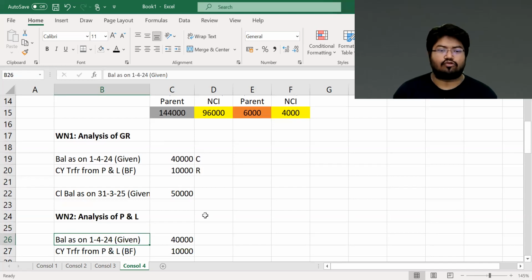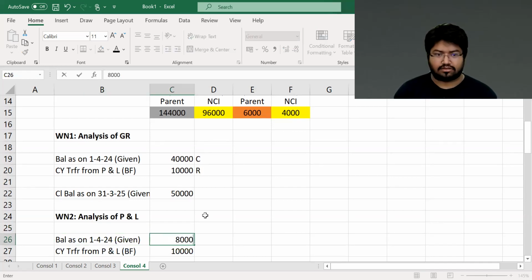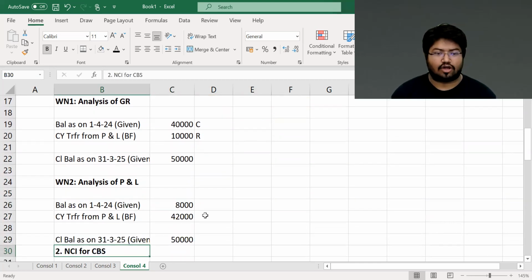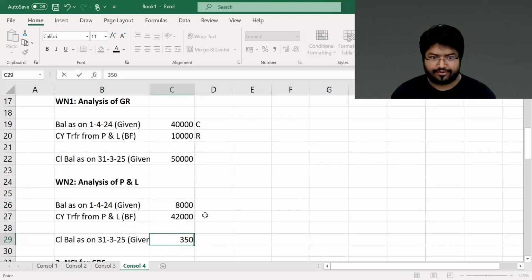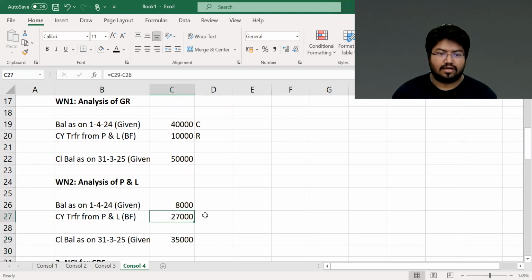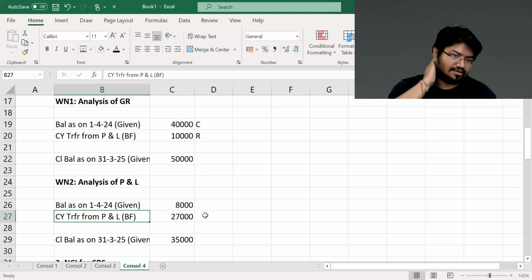Balance as on 1/4/24 is given. How much? 8,000. Closing balance is also given, 35,000. Now don't be in a hurry and tell current year earned is 27,000.